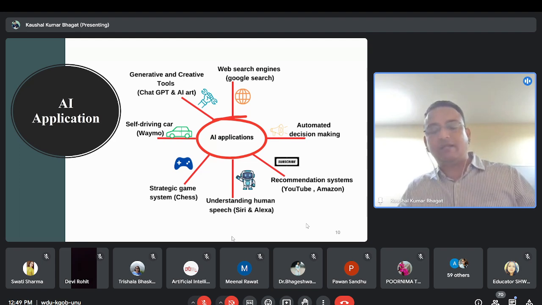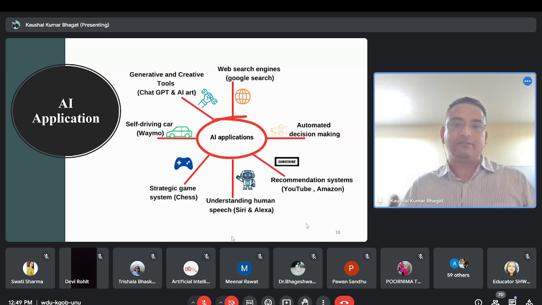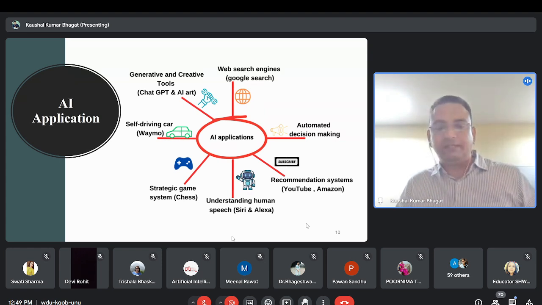Then self-driving car, a lot of buzz is coming in India also that Tesla is coming to India. Already in the US, self-driving car is working. Then strategic games like chess and other stuff are there. Then understanding human speech, which is very important. Language, Bhashini, is one of the key applications being developed by the Ministry of Electronics, where language will not be the barrier, right?